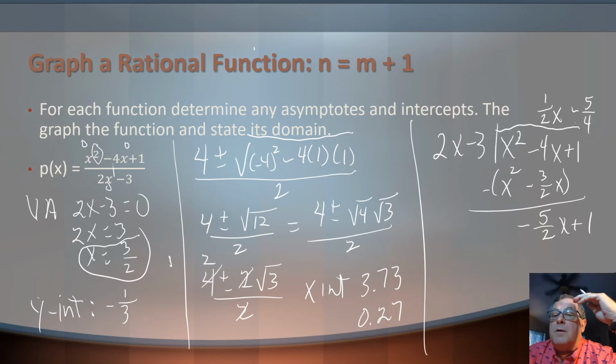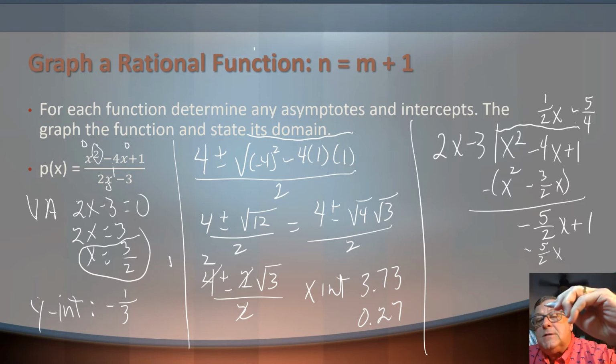And of course, x will go into x one time. Now let's see, negative 5/4 times 2, do a little cross multiplication. That's going to be negative 5/2 x. And it doesn't really matter about the rest of it, but just for fun, negative 5/4 times negative 3 is going to be positive 15/4.